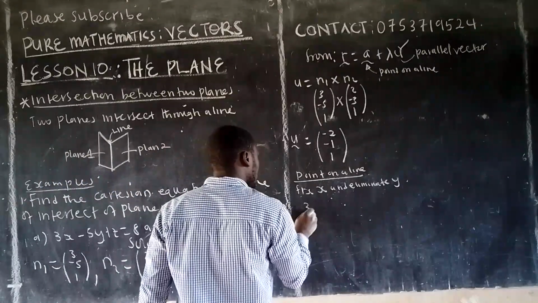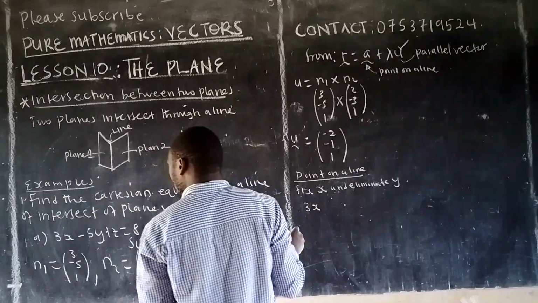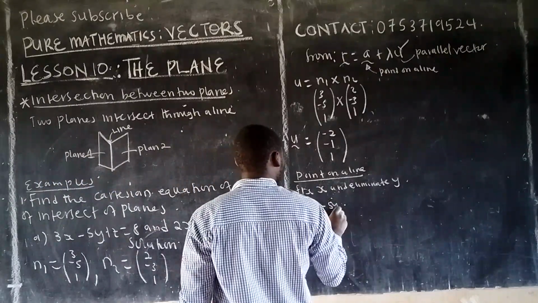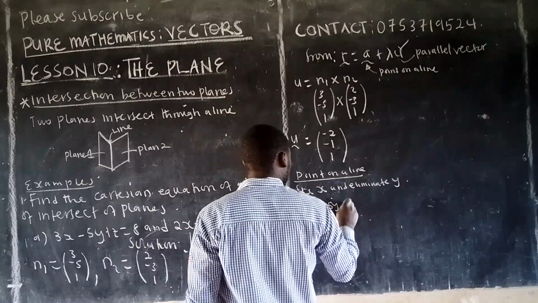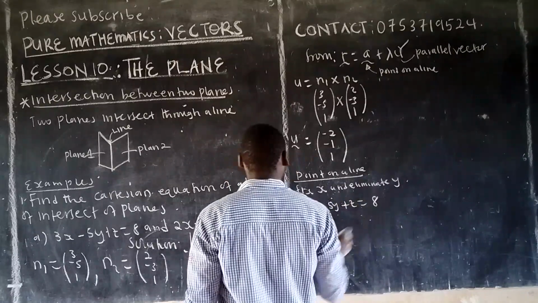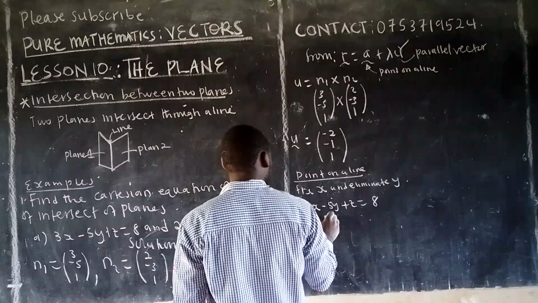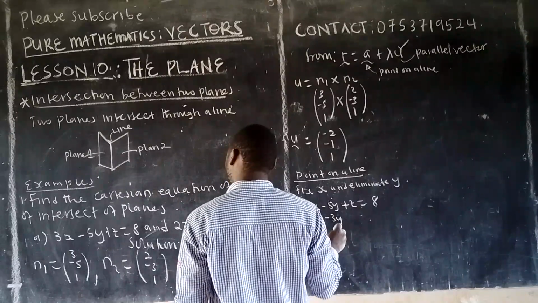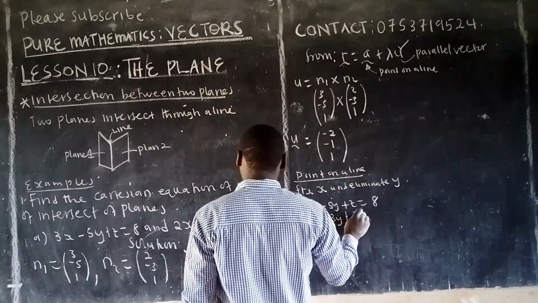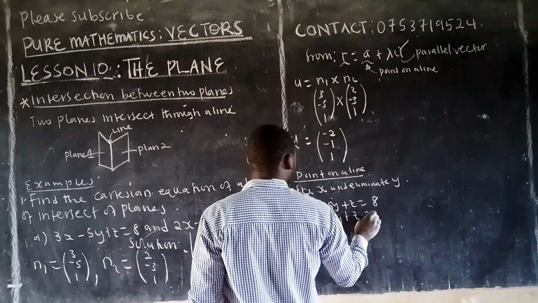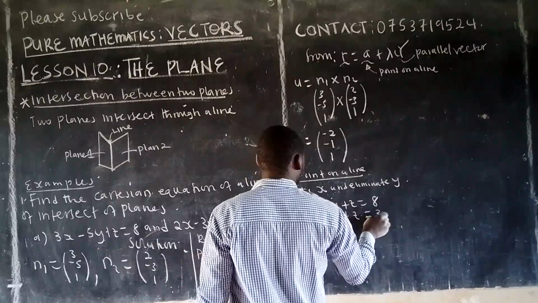So you have 3x minus 5y plus z is equal to 8. The other one is 2x minus 3y plus z is equal to 3.